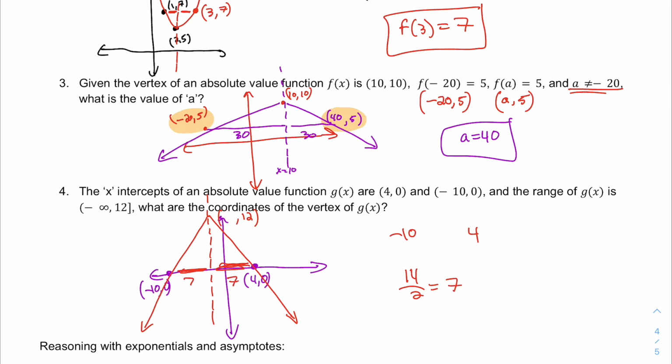So from each of those coordinates, I would need to go a distance of 7 to get to the axis of symmetry, meaning that the axis of symmetry must be at x equals -3. Using that fact, the coordinates of the vertex are (-3, 12), because 12 is our maximum based on the range. -3 is halfway between -10 and 4, and this has to be a symmetrical graph because it's an absolute value function graph.